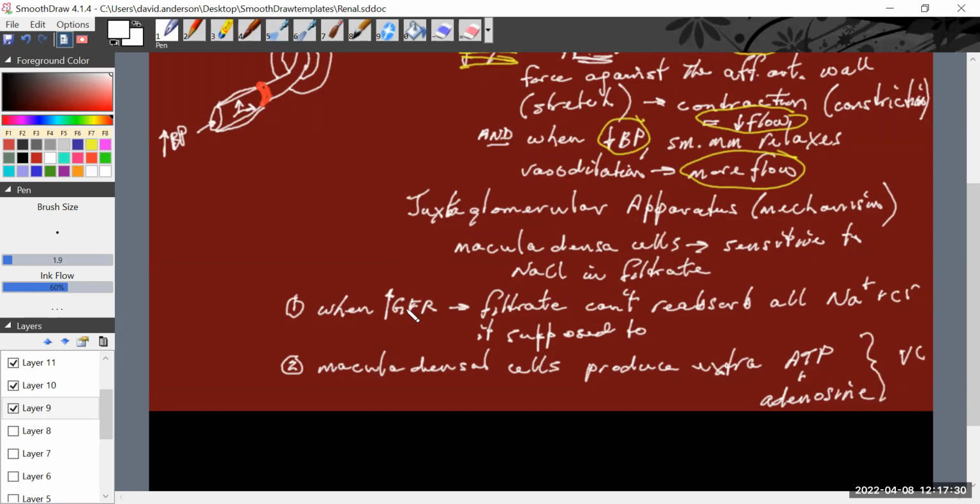In high glomerular filtration rate, we've got too much flow. The response is to vasoconstrict the afferent arteriole. The afferent arteriole will respond to elevated levels of ATP and adenosine and vasoconstrict, which will slow down the flow.